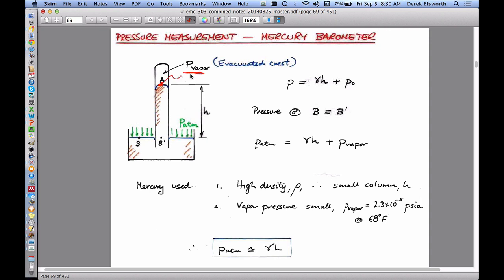There's no other outlet to this system. So what we can use from before is to know that outside the mercury, the pressure at B has to be atmospheric. We don't know what that is. The average atmospheric pressure is 100 kPa, of that order, 10 to the 3. But we want to measure that more accurately. We know that we can go from this point through the same fluid to a point at the same elevation.